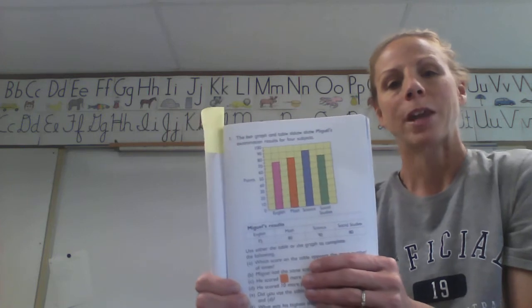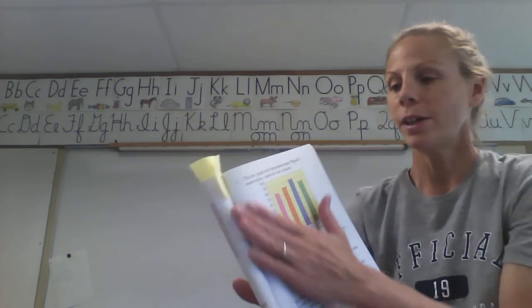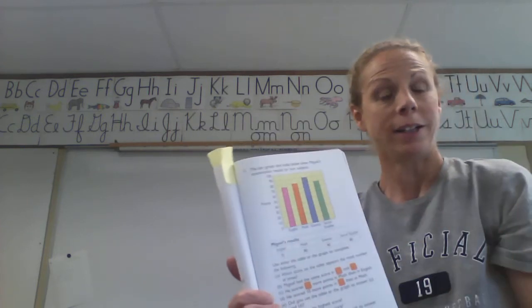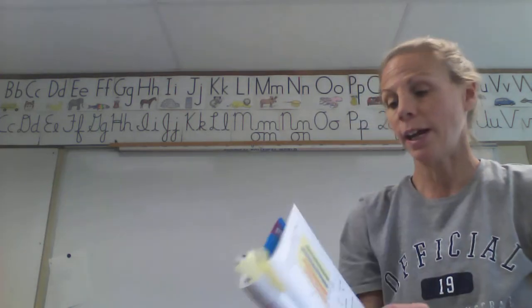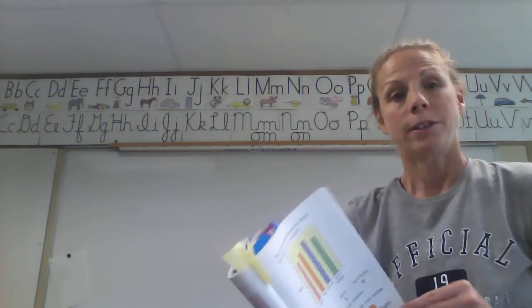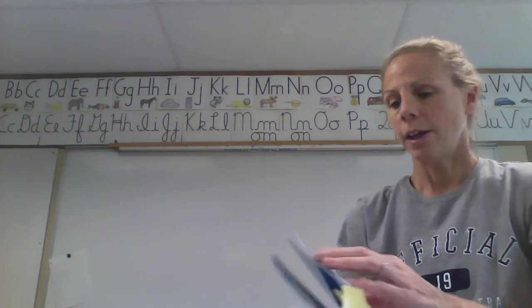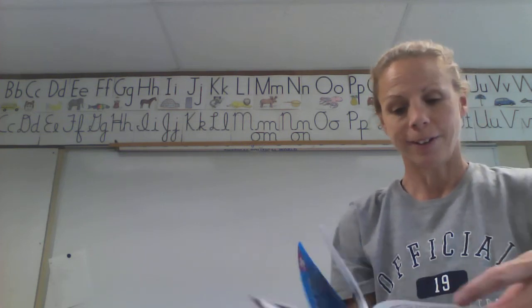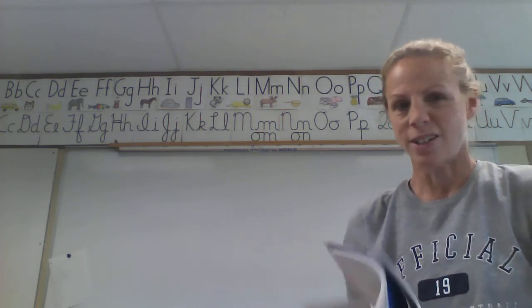So look at all the information to try and help you see how they've set it up so that you can answer the questions correctly. Here's just a simple table, how they've organized the number of books that were read by these different people.